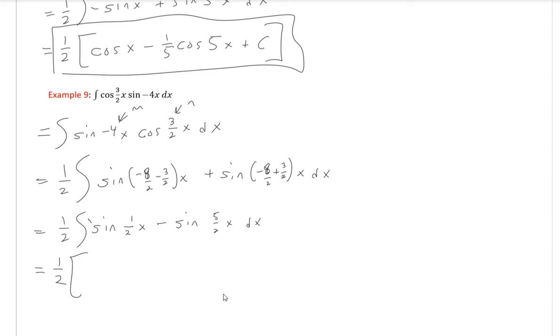This is sine of 1/2 x will give me 1 over 1/2 of cosine x, or cosine of 1/2 x, positive because it was a negative sign. And then minus sine will again give me a positive cosine. It will give me a positive 1 over 5/2 of cosine of 5/2 x plus c.